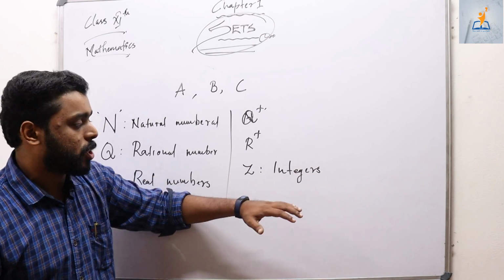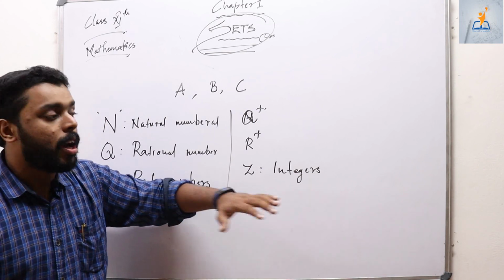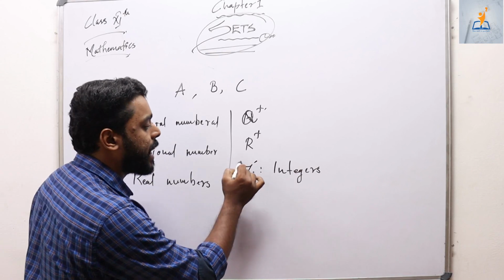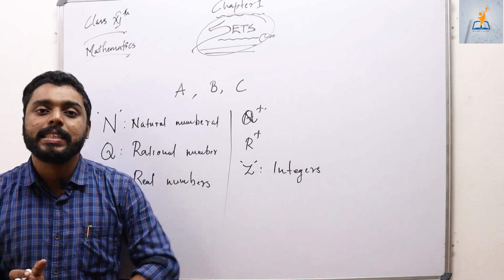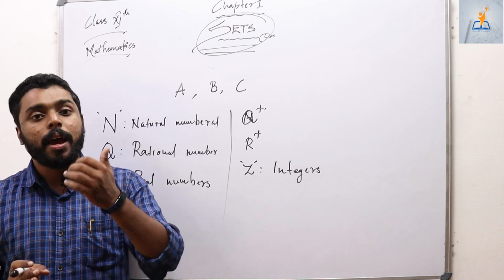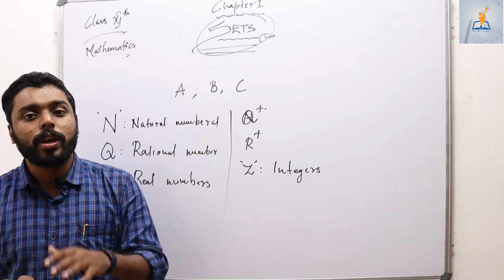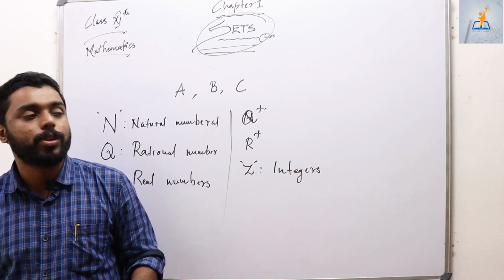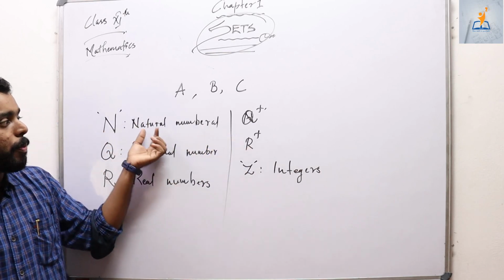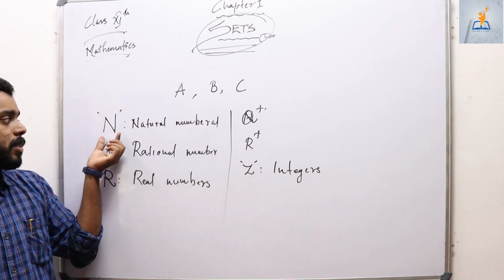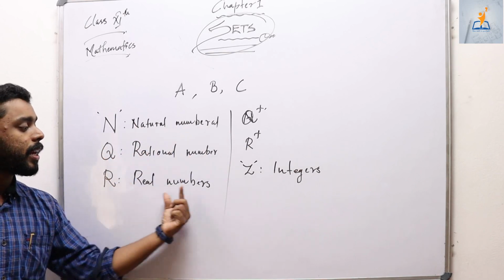It will not be subject to change. It is an objective set. That's why we denote this by a capital letter. Always remember that we represent a well-defined collection of objects by capital letters. These are some examples of well-defined sets. In our previous classes we used N for natural numbers, Q for rational numbers, R for real numbers.